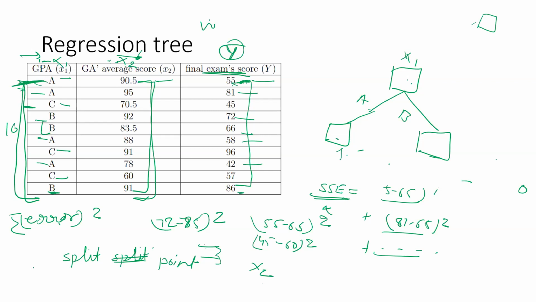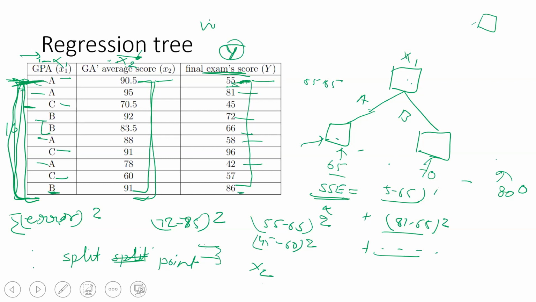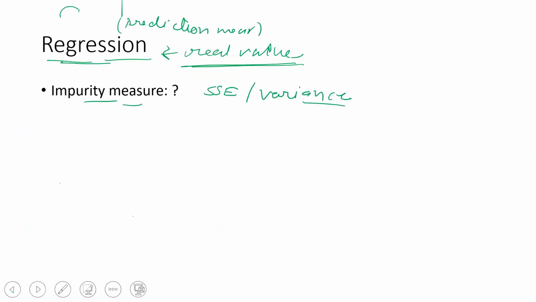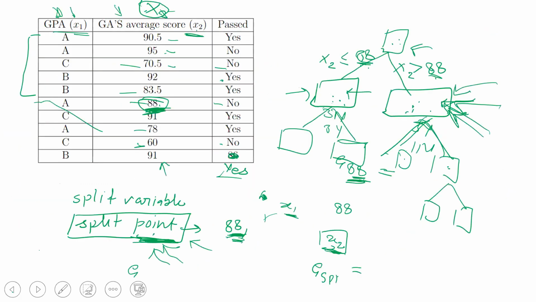Here we have different predictions for different nodes, right? Here it was 65, here it was 70, here it was some 80. For the first example, you are taking which node it belongs to. If it belongs to here, the prediction was 65 but the actual was 55, so 55 minus 65 is the error. So you will find the error for all 10 examples, but this is not the case for the classification problem.